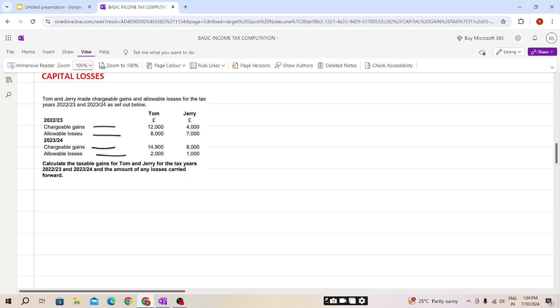As they have given chargeable gain, students, first we need to calculate the net chargeable gains. Net chargeable gains will be chargeable gain less current year capital loss for Tom 2022-23. The chargeable gains is 12,000.